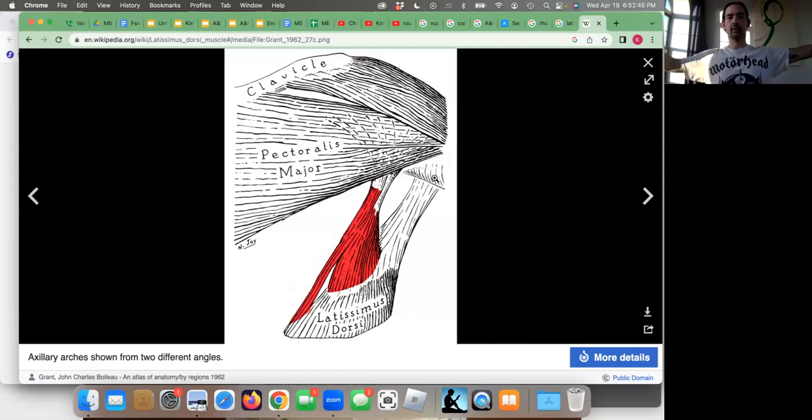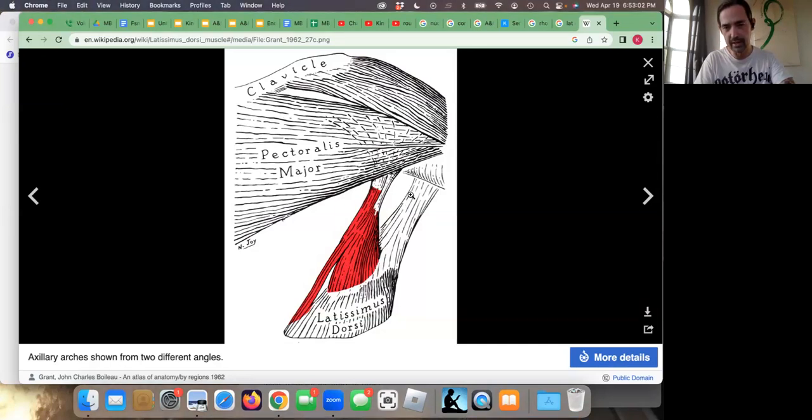If you look at me, the arm is out like you're doing a big hug, right? So the arm is abducted to 90 degrees, and this is the humerus right here. The humerus goes like this. And what they're showing is the latissimus dorsi has attachments that go to the medial aspect. And I think this would be a branch that goes slightly internally.